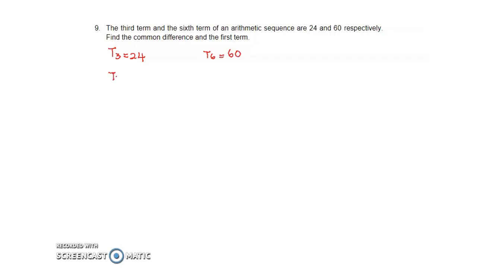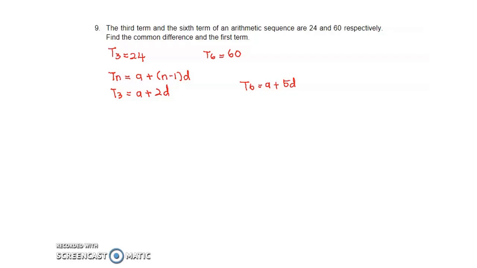So write T3 in general terms. Tn for arithmetic equals A plus (n minus 1)D. So for T3, 3 minus 1 equal to 2, so T3 equals A plus 2D. T6 equals A plus 5D, since 6 minus 1 equal to 5.